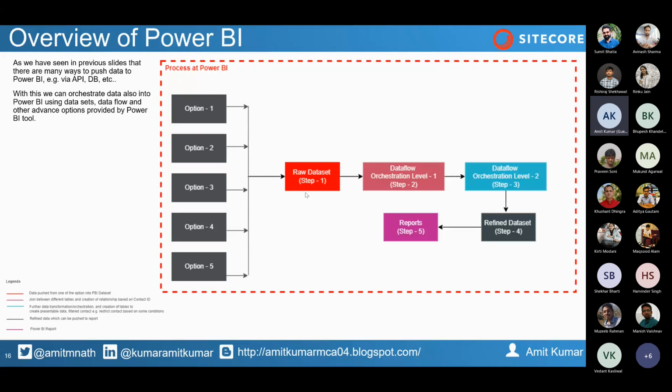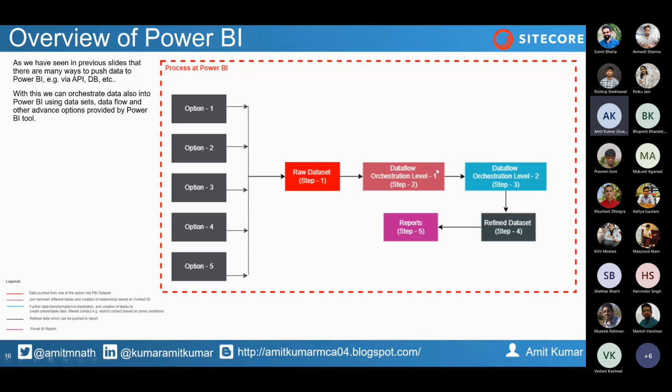For example, you are getting the contacts. In step one, contacts are in the form of a single table, and your JSON data related to facets is present in all the rows. So in level one, you can create a join, get the JSON data which is present in one column, and divide that into a number of rows.